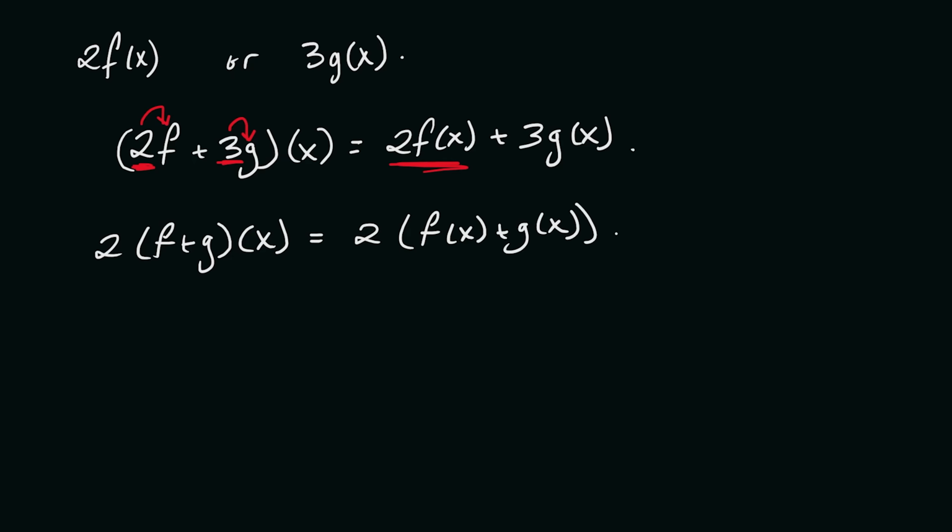That works a little bit differently though, because the coefficient is outside of this whole entire operation here, right? So that's why we had to only distribute the 2 to the f and then the 3 to the g, because those are respective to each other, right?